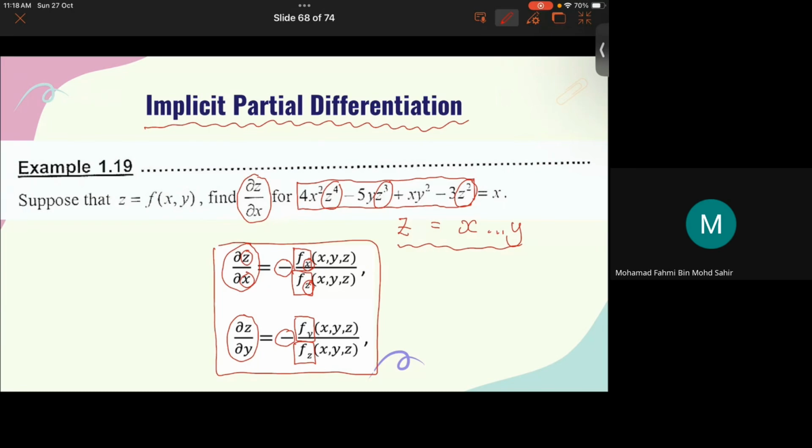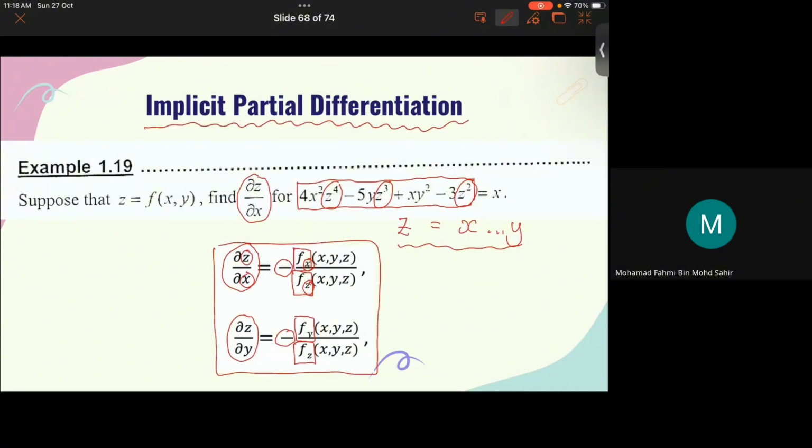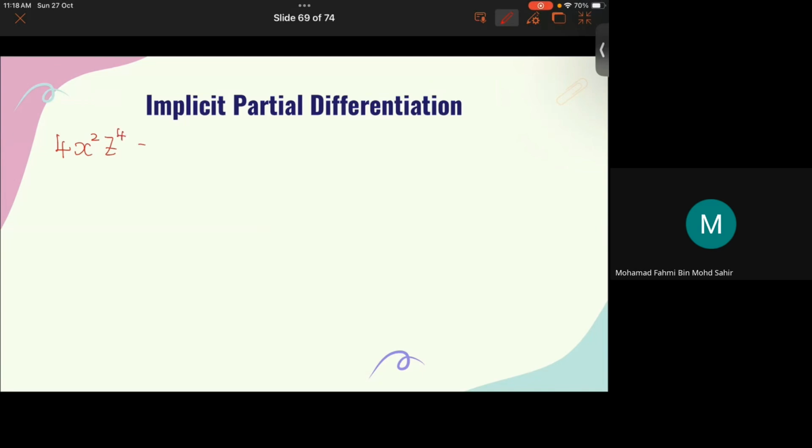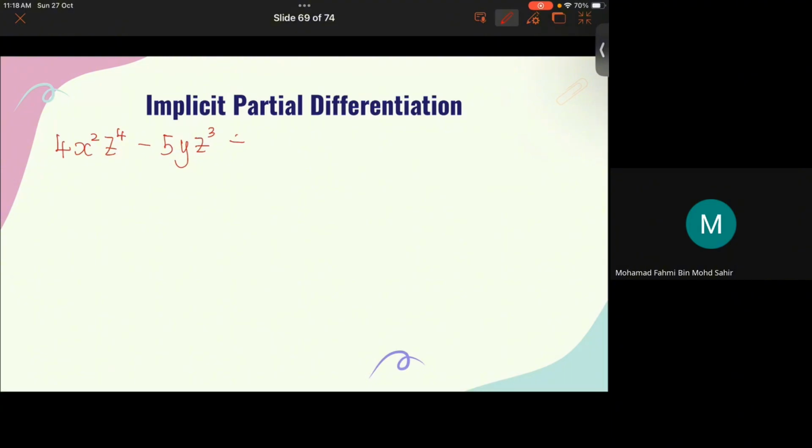Okay, so we will find the answer for this example. So we have 4x squared z power 4 minus ... equals x. So this one is the function.